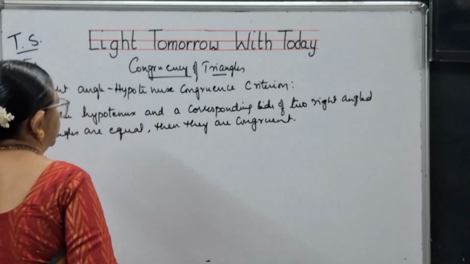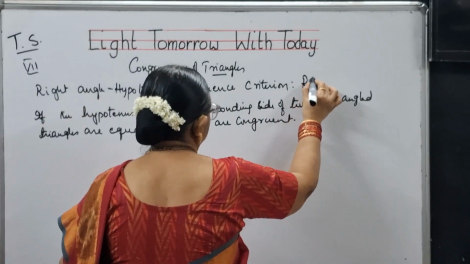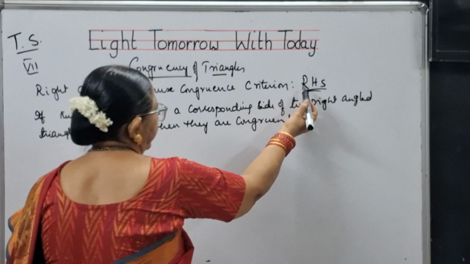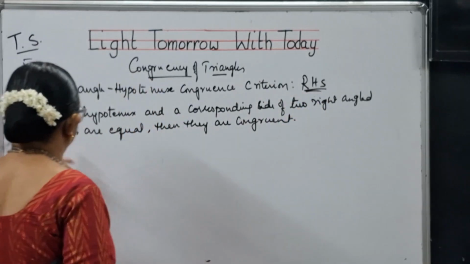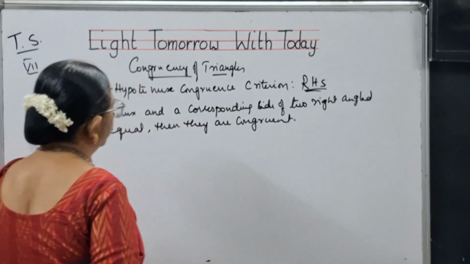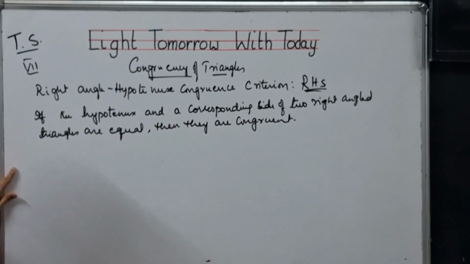This is the property. Usually we call it the RHS property. R stands for right angle, hypotenuse, side. So if the hypotenuse and the corresponding side of two right angled triangles are equal.